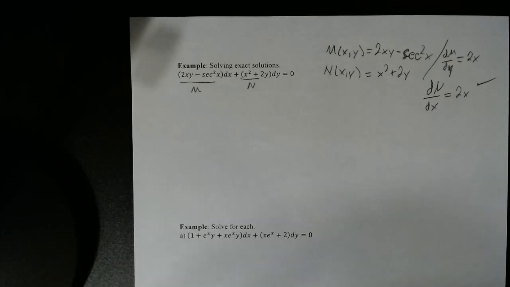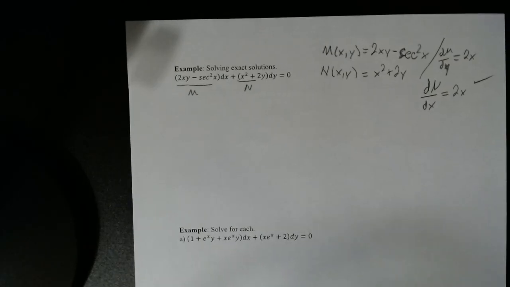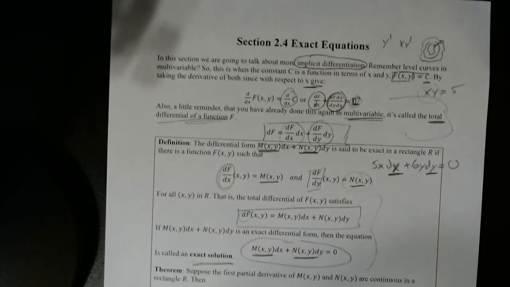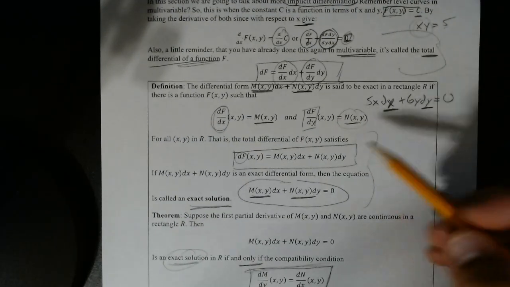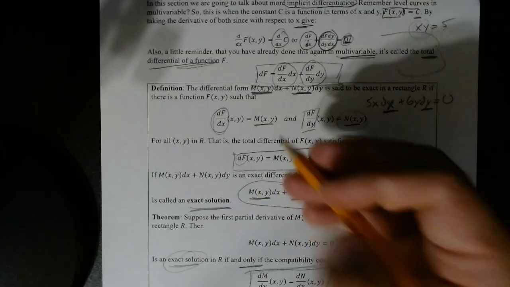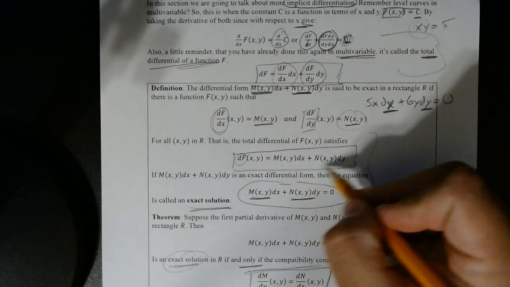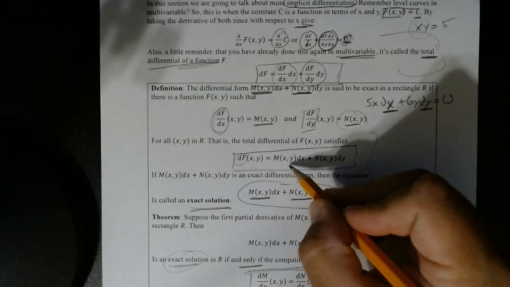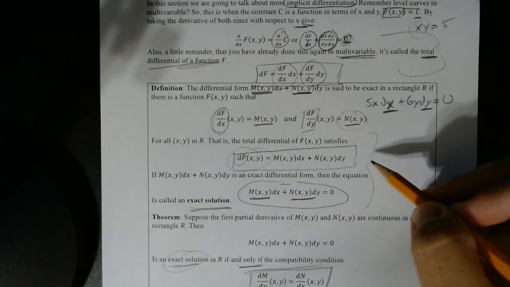Here comes where the actual math comes into play. Let's go back a little bit. We just showed that this is true. Remember, these two are the derivatives of the original f function.